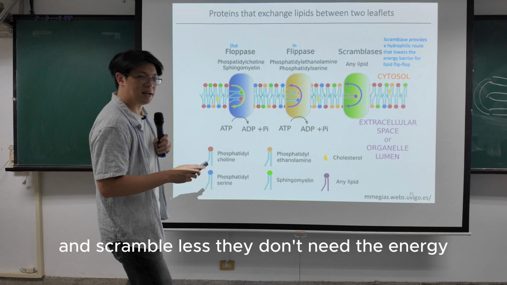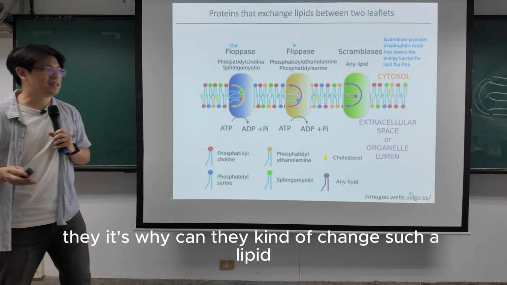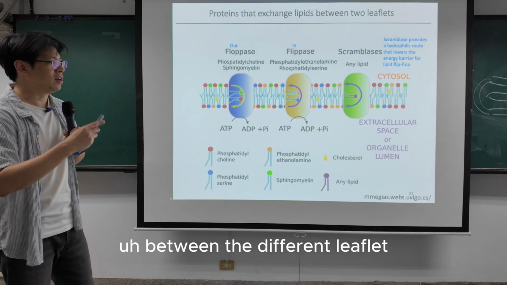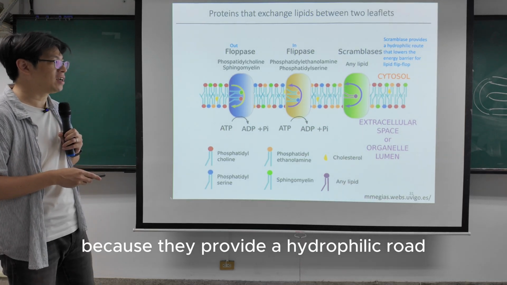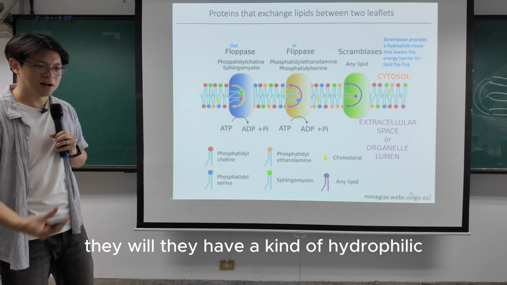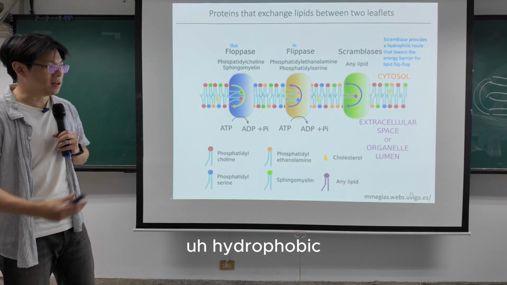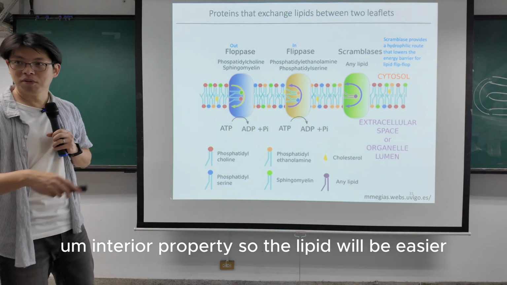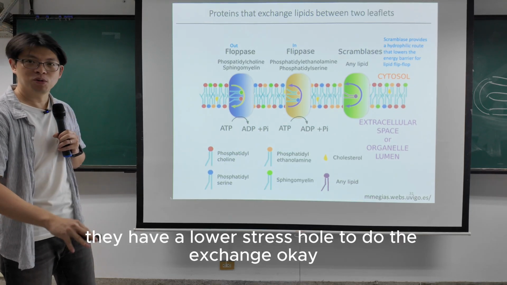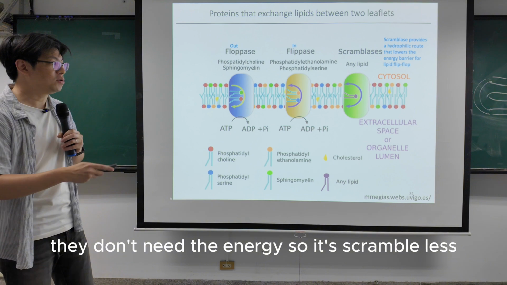And scramblases don't need energy. Why can they exchange lipid between the different leaflets? Because they provide a hydrophilic road, depending on their protein structure. They have a hydrophobic interior property, so the lipid has a lower threshold to do the exchange. They don't need energy.